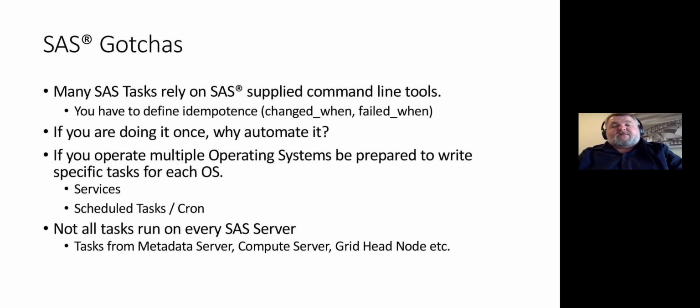And by default, that might be all. A lot of people will just type all into that. What that will mean is if you've got the SAS deployment wizard, for example, on every single server, which you will in a SAS 9 install, the task that you're telling to run will run on every single server, and that can cause problems. You can start having a pretty bad day if that's executing stuff that shouldn't happen.